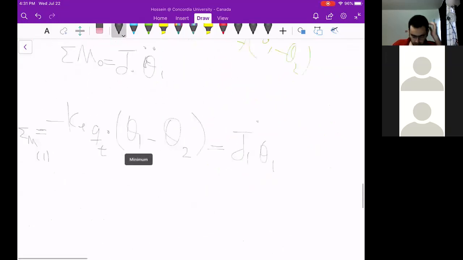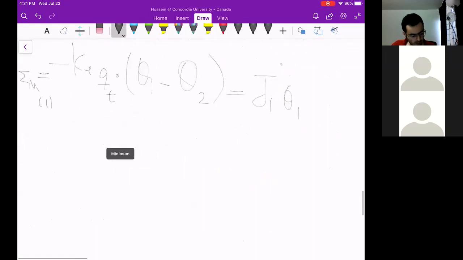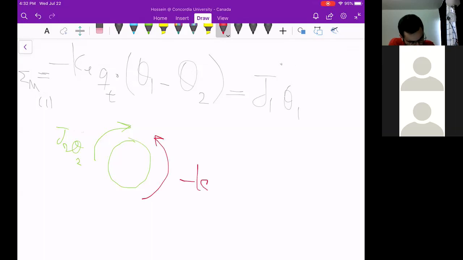If I similarly plot the free body diagram for the right disc, if I rotate toward clockwise, J2 theta double dot 2, again there is a rotational spring that creates a torque, minus K effective or equivalent, this time theta 2 minus theta 1.